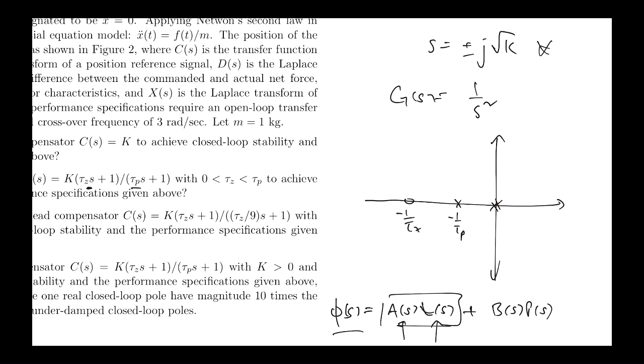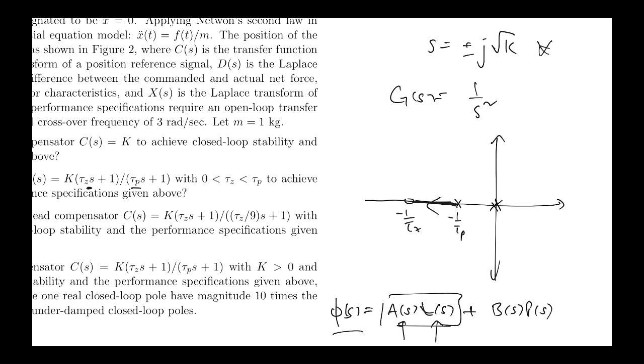All right, as we increase k, this one will stay on the real axis because it sits to the left of 1, 2, 3, right? And move towards the finite 0 at s equals -1 on tau z. So one of the closed loop poles is stuck on the real axis between the controller pole and the controller 0.